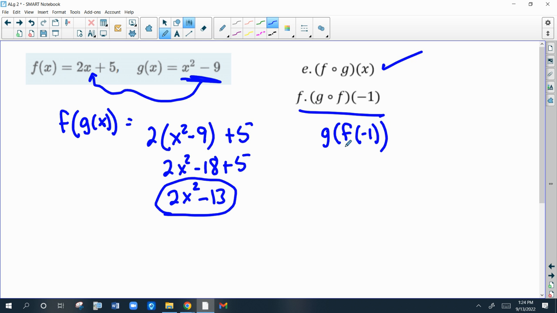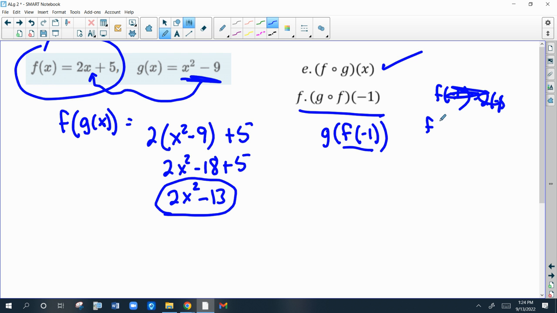So now I have to find out what f of negative 1 is and just plug it in. Well, that's pretty easy because f of negative 1, according to this, is 2 times a negative 1 plus 5, which is just negative 2 plus 5, which is 3.